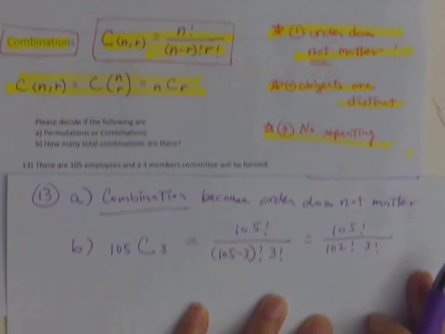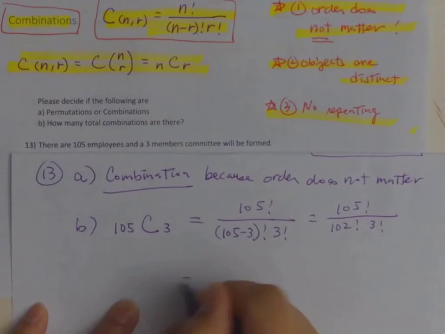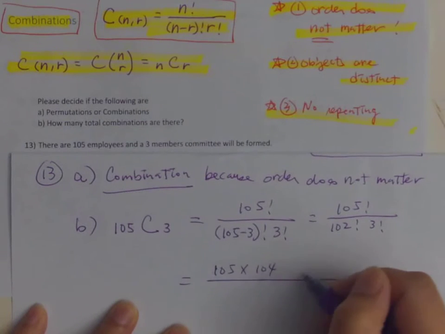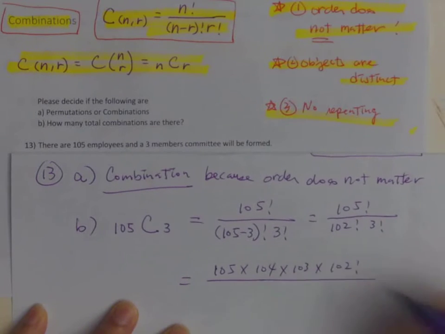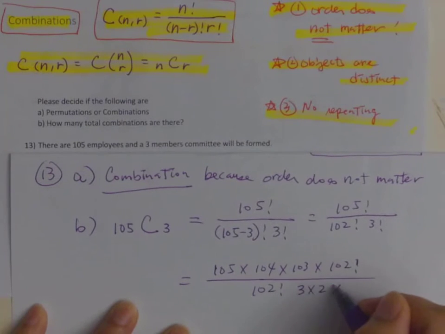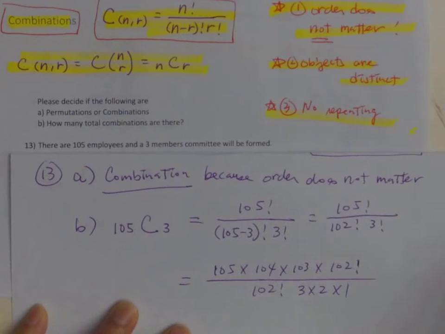We need to somehow reduce it. So this would equal 105, 104, 103, and then 102 factorial. I can leave it like that, because I have a 102 factorial at the bottom, and then 3 times 2 times 1 for the next part. So I can get rid of 102 factorial.